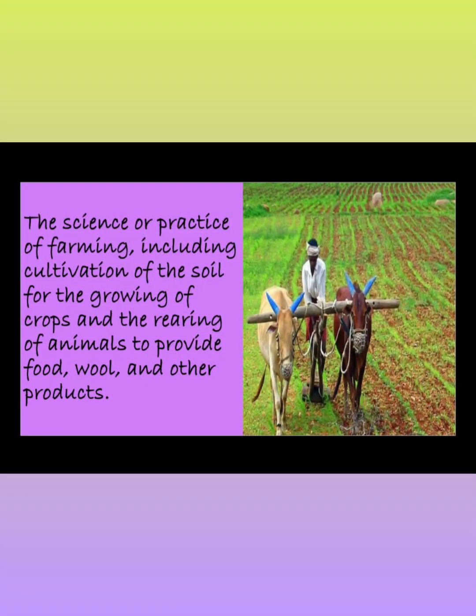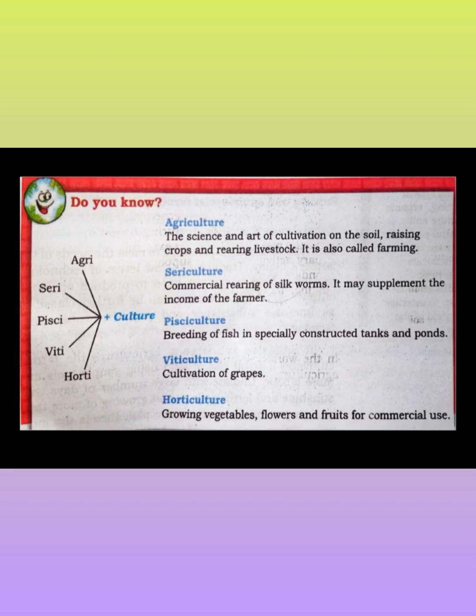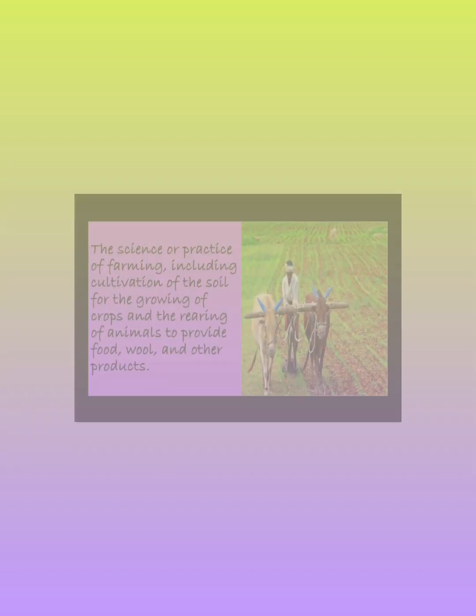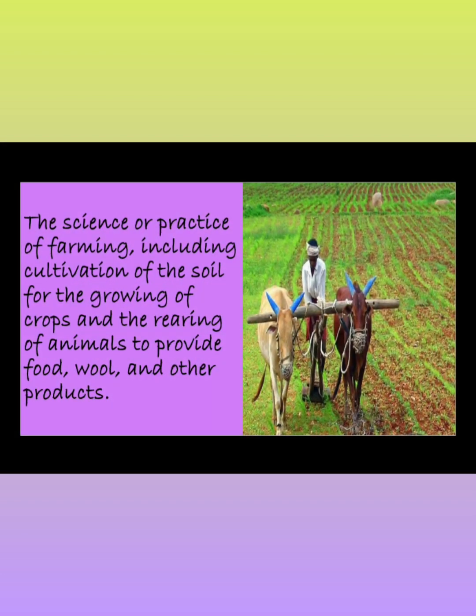agriculture is the art and science of growing crops, cultivating the soil and raising livestock. It contributes significantly to a country's GDP, that is the gross domestic product of a country.